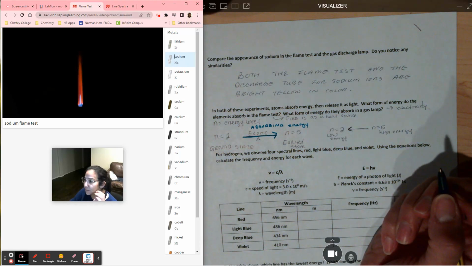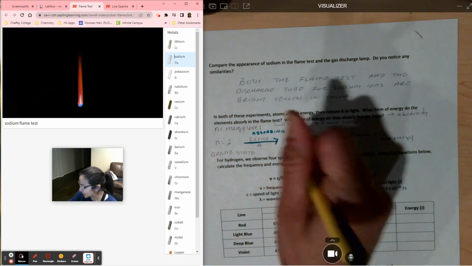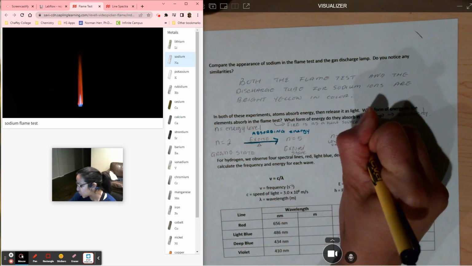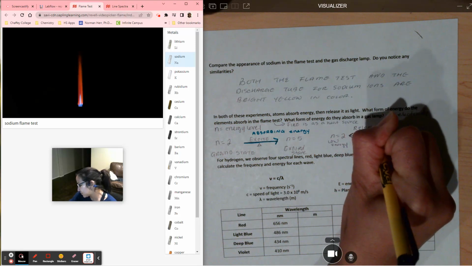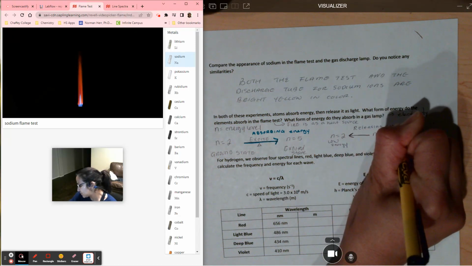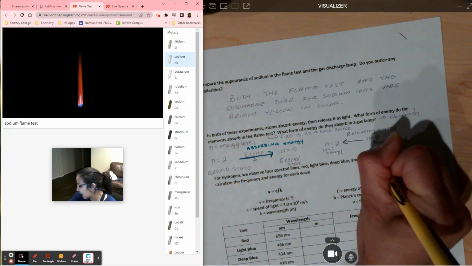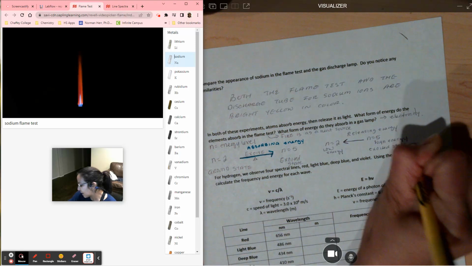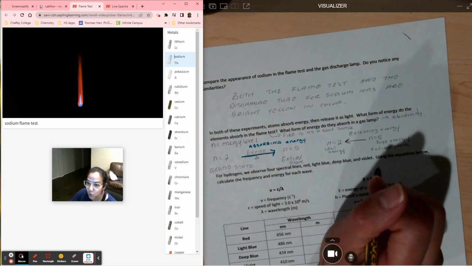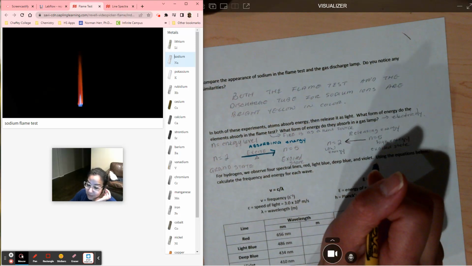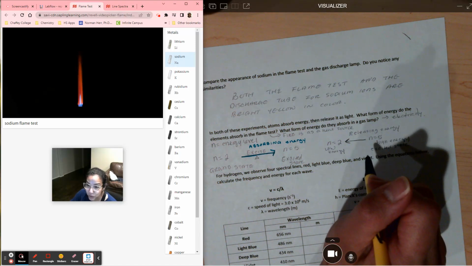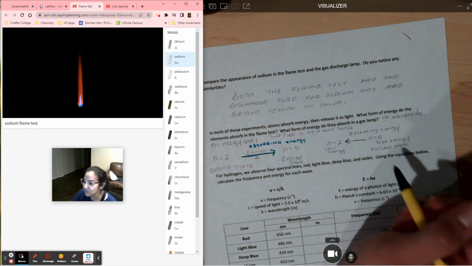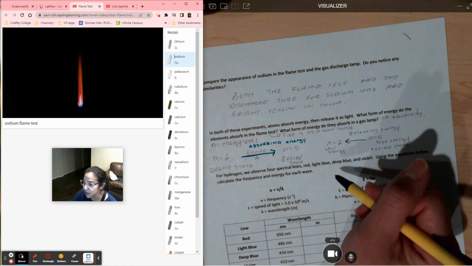All right, so when this happens, it's no longer absorbing energy, it is releasing energy. So it goes from that high energy known as the excited state back down to the ground state or a lower energy level. Sometimes they don't go back to where they came from. It might go back down to N3 or maybe N4, right? Not exactly N2. So I'm just going to say it lowers down to a low energy level.